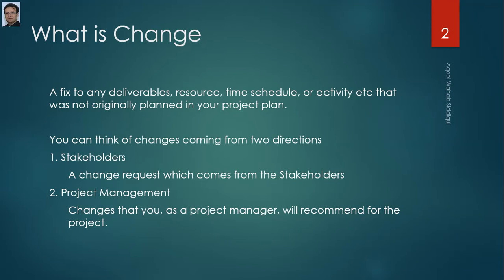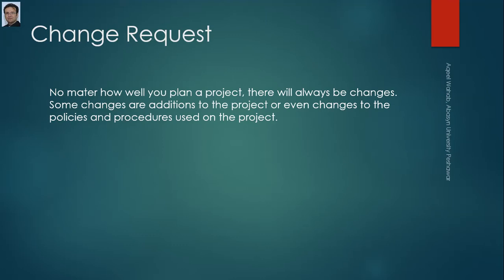So if you are catching a change, you will need to evaluate how the change will impact the rest of the project. In project language, evaluating the changes you catch is called integrated change control. No matter how well you plan a project, there will always be changes. Some changes are additions to the project or even changes to the policies and procedures used on the project.